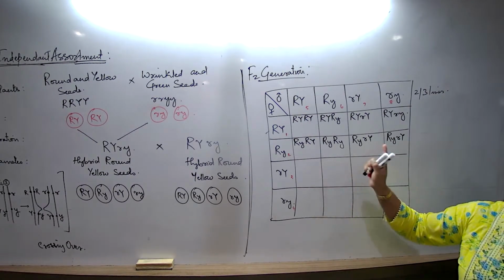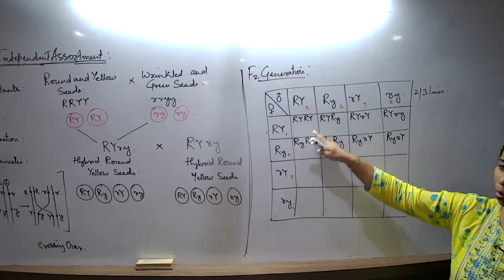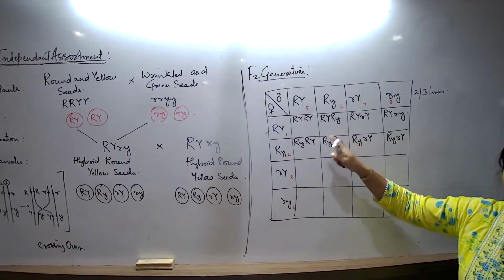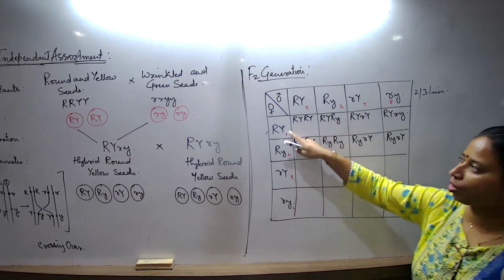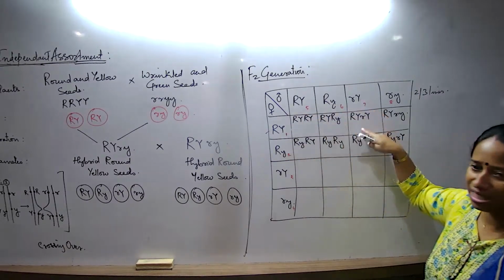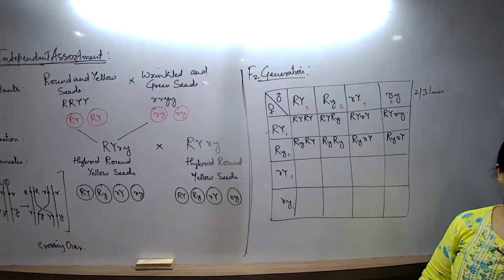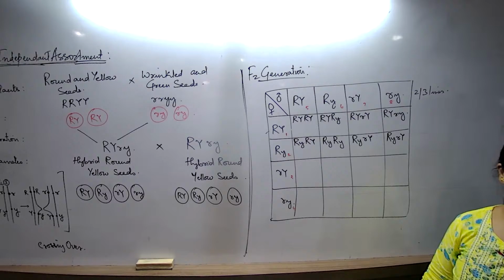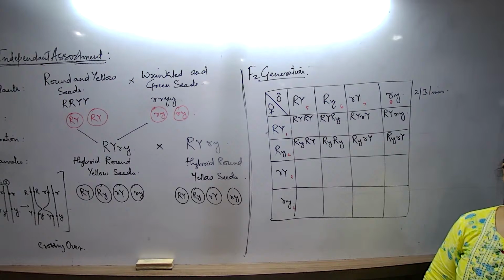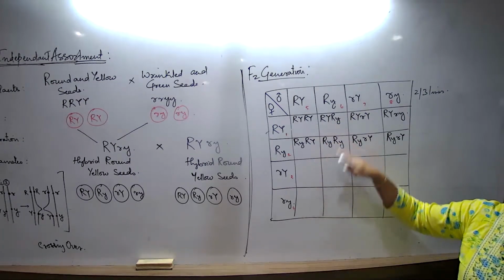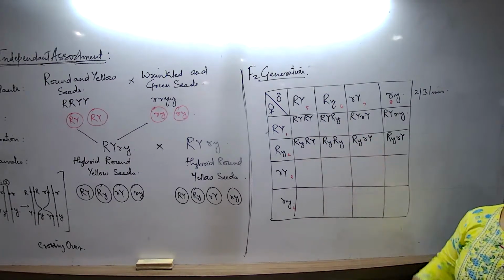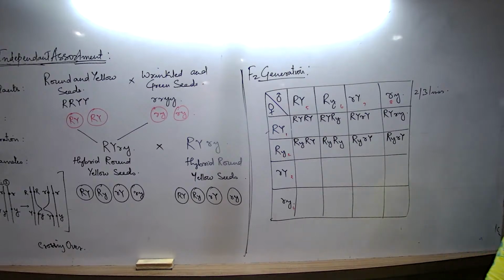Third line is over. Don't copy. I asked you what to do. Don't copy. You do. How are you filling up the boxes? 1 and 5, 1 and 6, 1 and 7, 1 and 8. Do it. Don't copy. Why are you copying? That's why I have not done it all. Otherwise, most people just copy down without understanding. Once you know the method I told you, complete based on the method. Complete it.